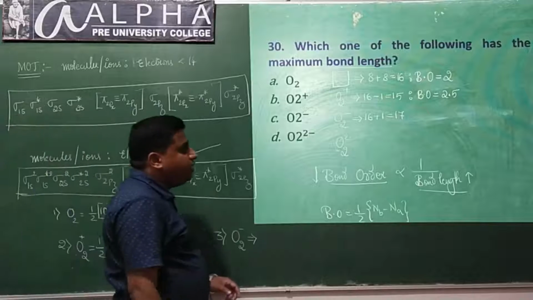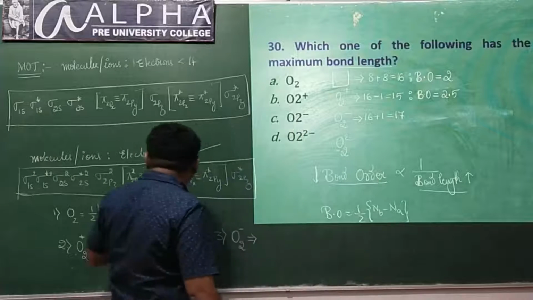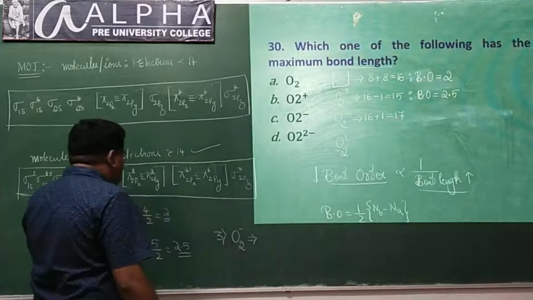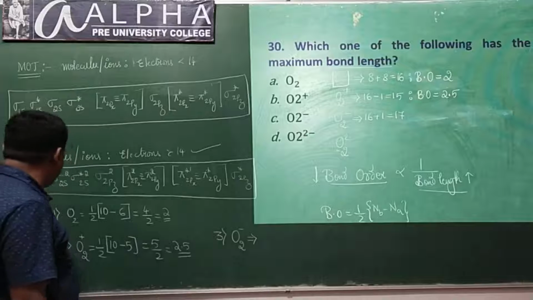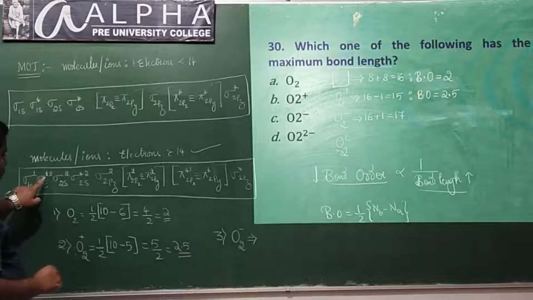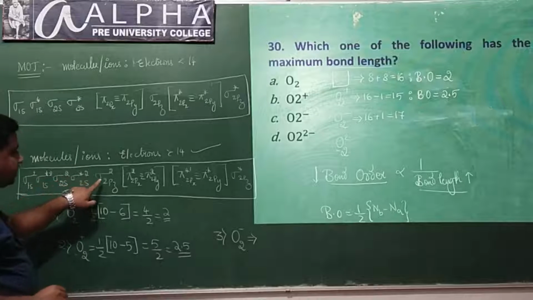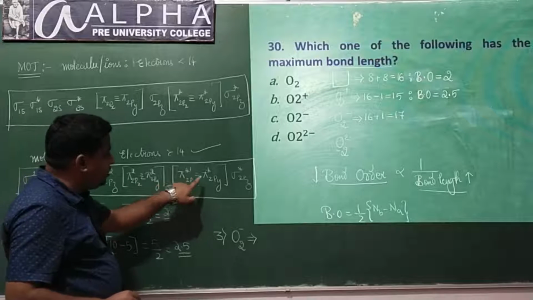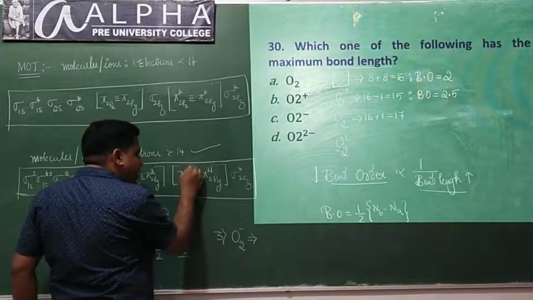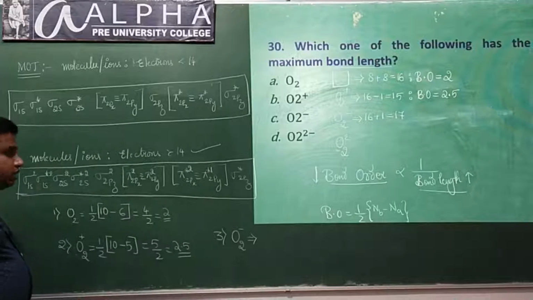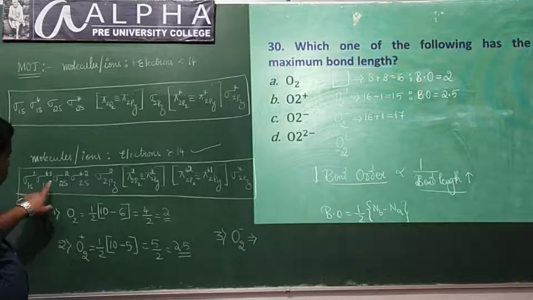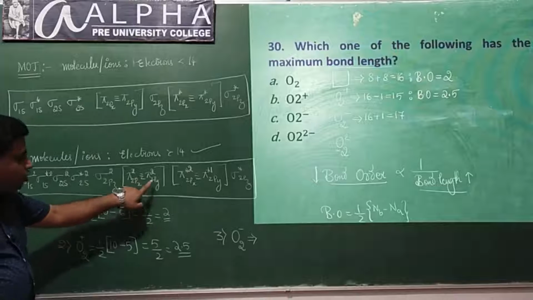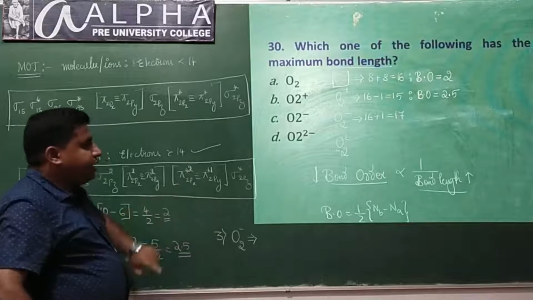So we have to fill these 17 electrons in these orbitals: 2, 4, 6, 8, 10, 11, 12, 13, 14, 15, 16 and 17.